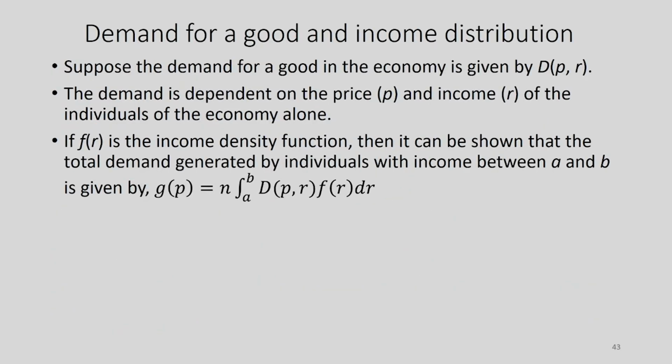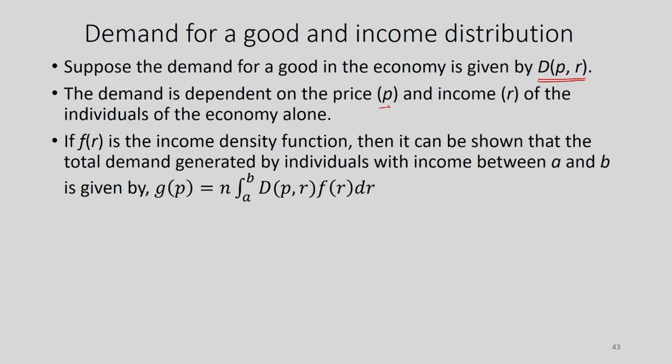Here is a related application of the same idea: demand for a good and income distribution. Suppose the demand for a good in the economy is given by D of p and r. So, demand, that is D, is a function of p and r.